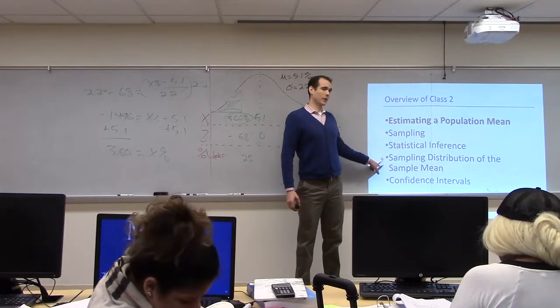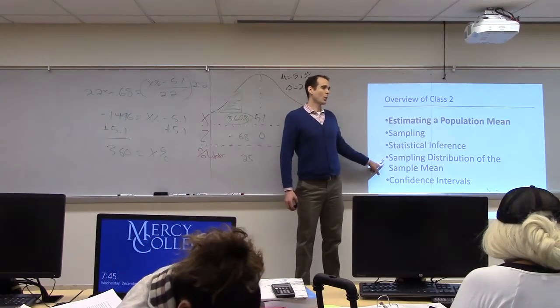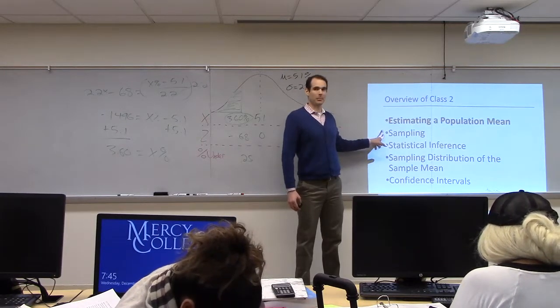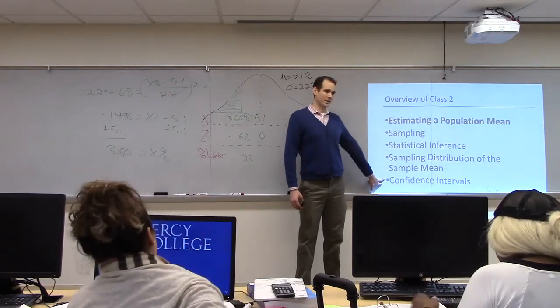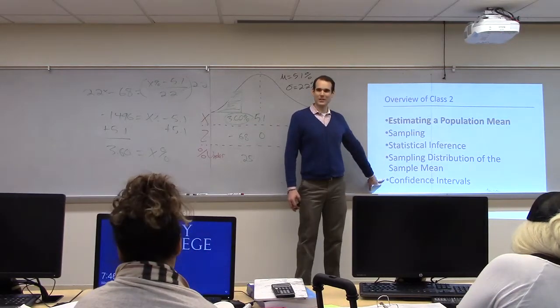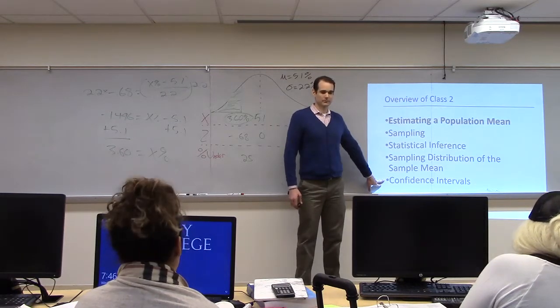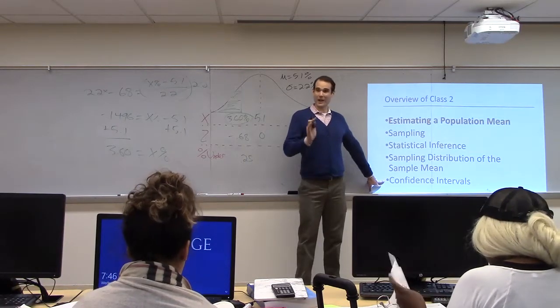We'll learn a really cool concept called the sampling distribution and the sample mean, which will give us an indication of how confident we can be that our sample is accurate. That will in turn give us confidence intervals. So when we have a sample mean for income in New York City of, say, 74,000, we will have a confidence interval.